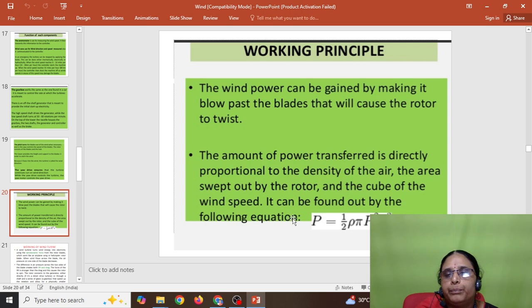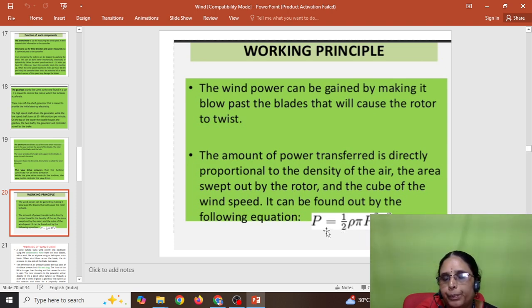The power equation for a wind system is P equals half rho pi r squared V cubed. V is the wind velocity, r is the radius of the swept area, and rho is the air density.